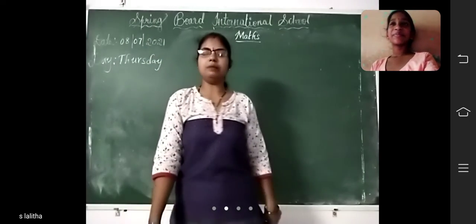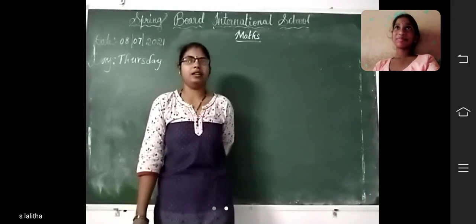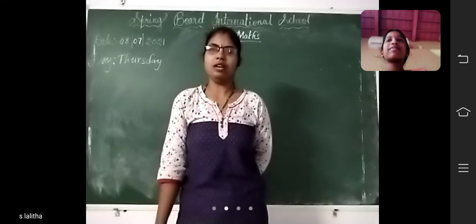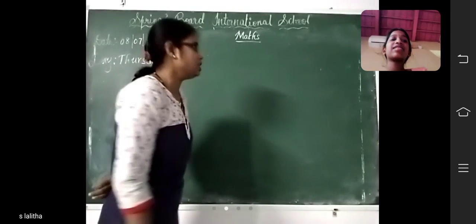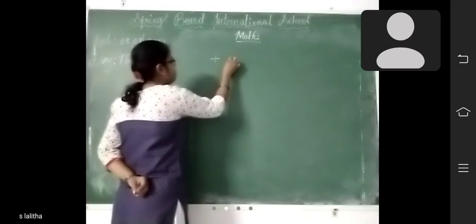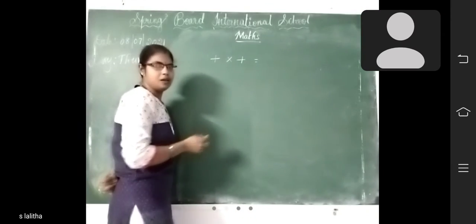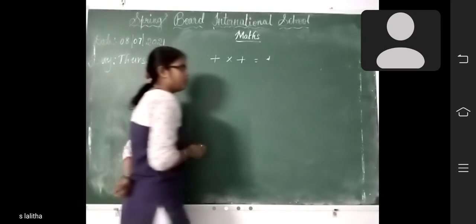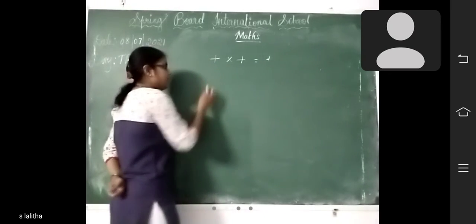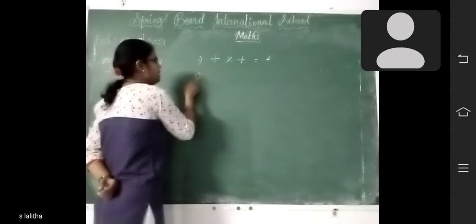We learned about the multiplication of integers and the cases we learned. What is the first case? Product of positive and positive integer is positive. And the second case?